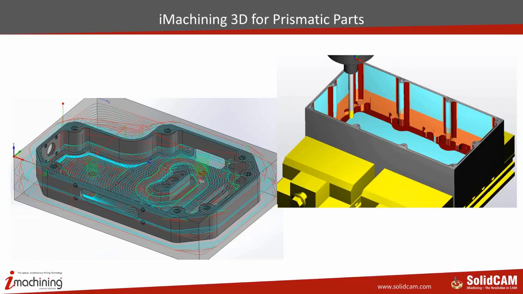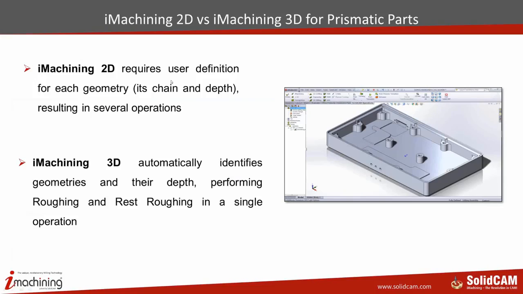I will go very quickly through the PowerPoint in case some of you have not joined last week's webinar, before I give it to Sydney to show you actual examples. So, the main problem in iMachining 2D is the time it takes, in case you have a prismatic part with a lot of pockets at different levels.